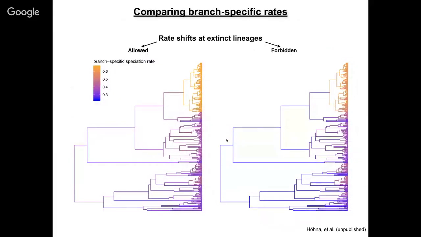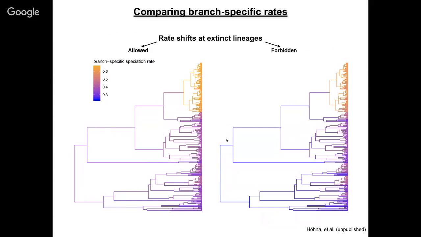But then we also implemented an option in RevBayes to look at whether we allow rate shifts at extinct lineages. Here are our parameter estimates for the same primate phylogeny on the left side, and on the right-hand side if we forbid it. You're seeing that you still get the same general pattern.